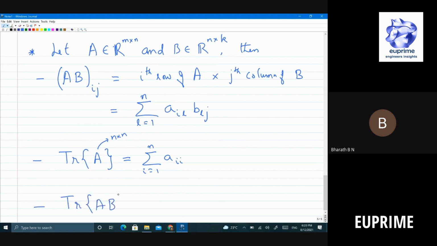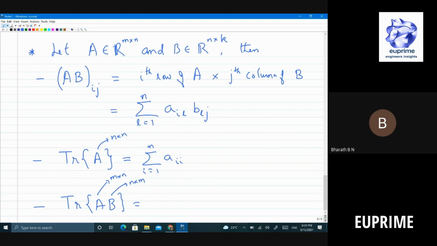AB should be a square matrix, otherwise the trace is undefined. So A could be m cross n and B could be n cross m. Then the resulting matrix will be m cross m.